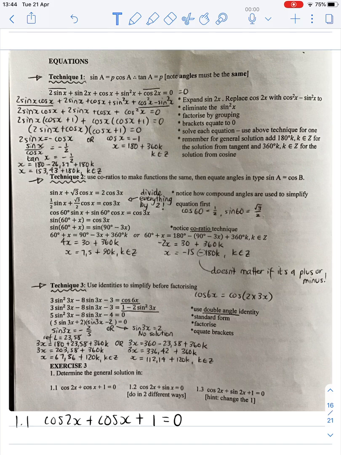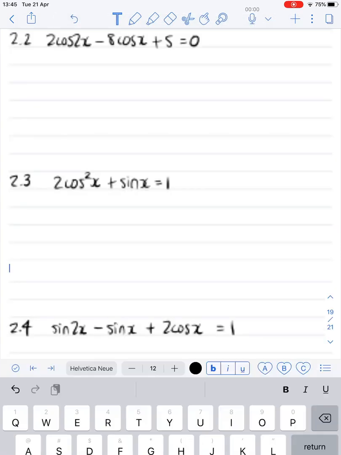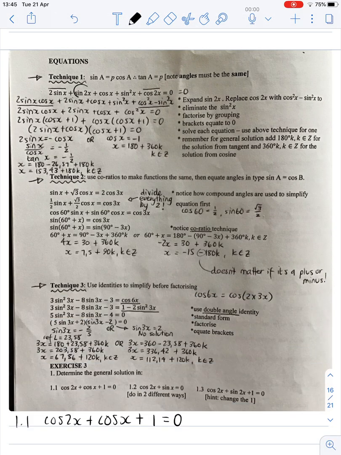In the first example, I've filled in a bit of information that I think I have sent you already. In technique 1, you have changed the sine 2x into 2 sine x cos x. You've also changed the cos 2x into cos squared x minus sine squared x.